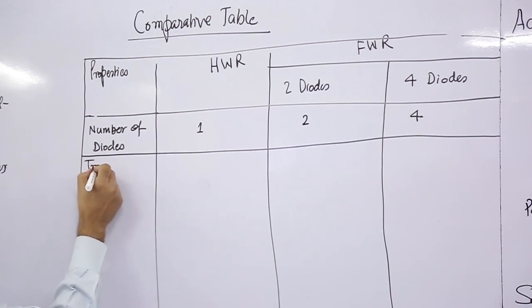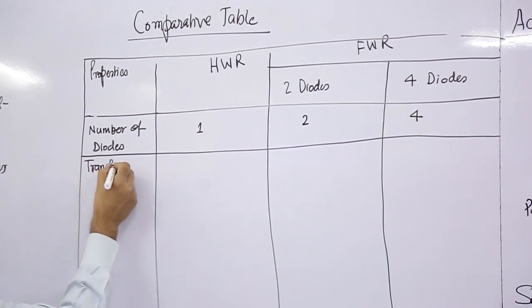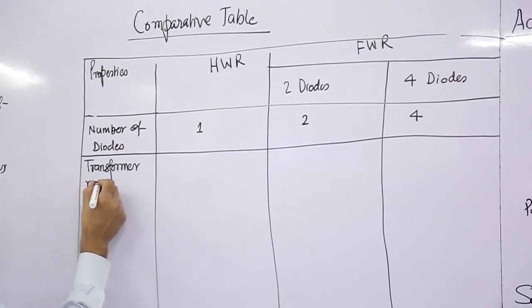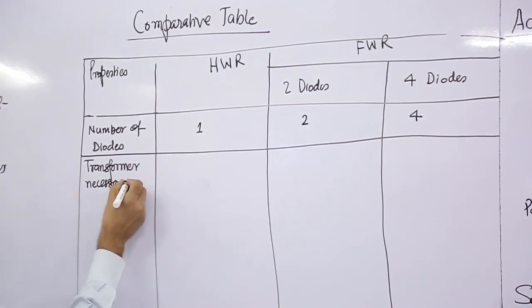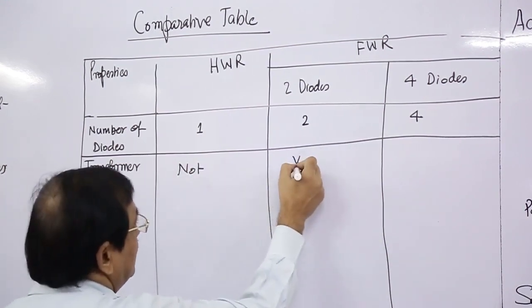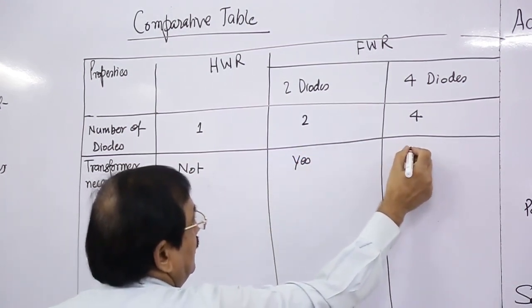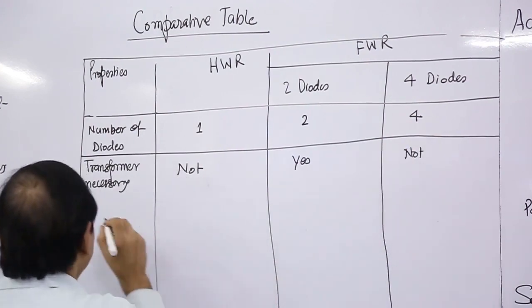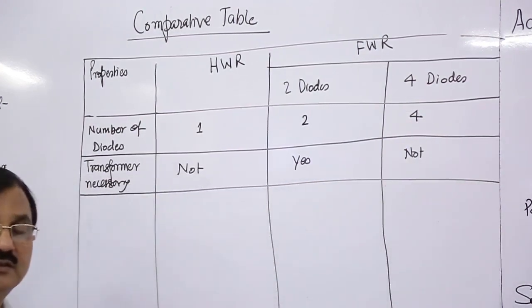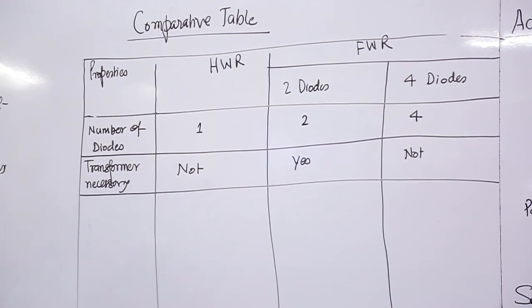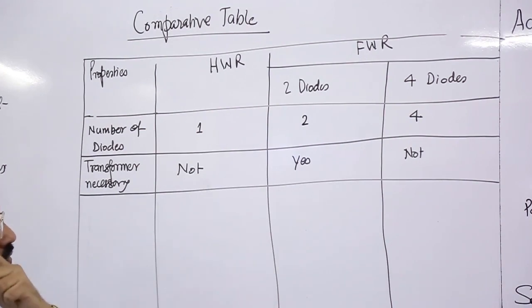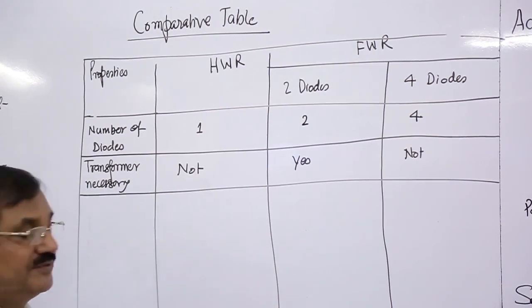Then second is transformer necessary, yes or not. So there is no need always of a transformer in half wave using one diode or four diodes full wave.